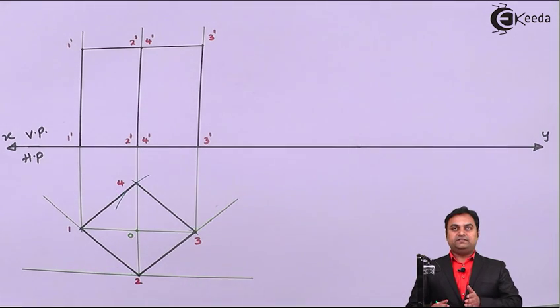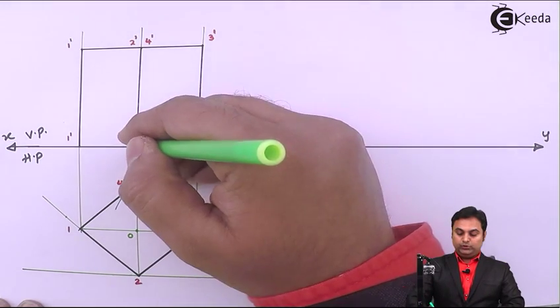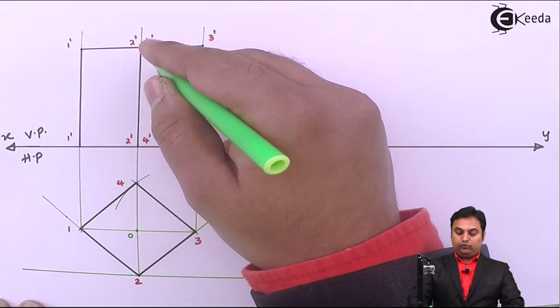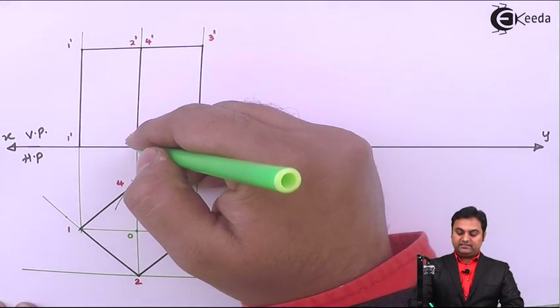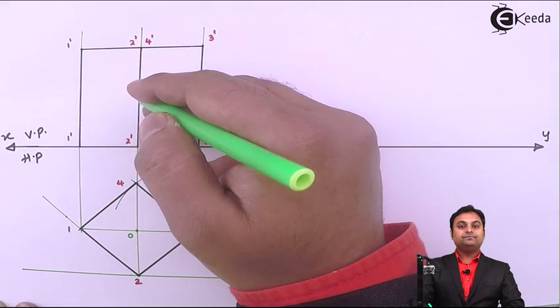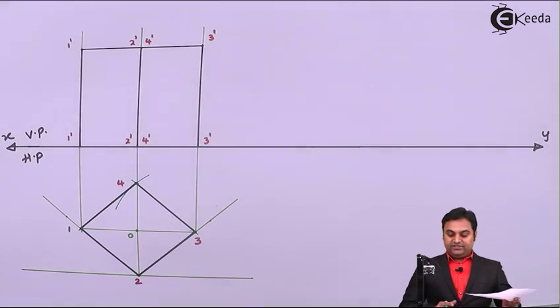It means axis and the other two corners which are making the edges, that is edge 2, 2 dash and edge 4, 4 dash, they are coinciding with the axis. So even the axis is on this dark line. Next, this is the initial condition.